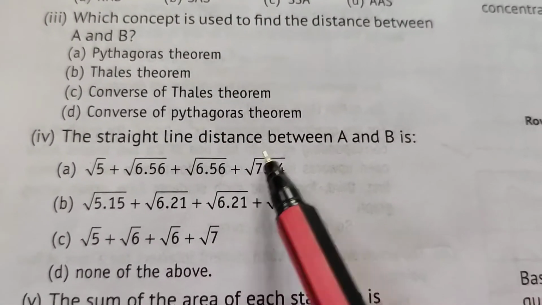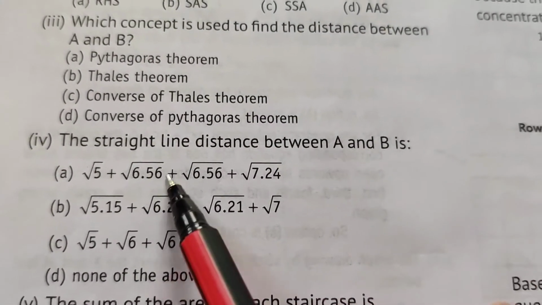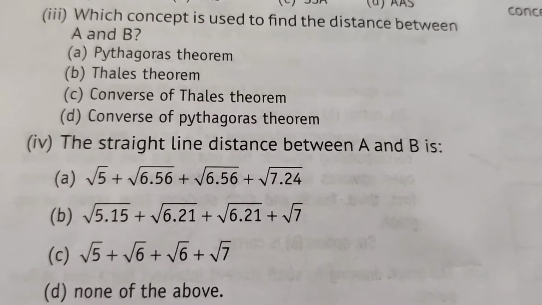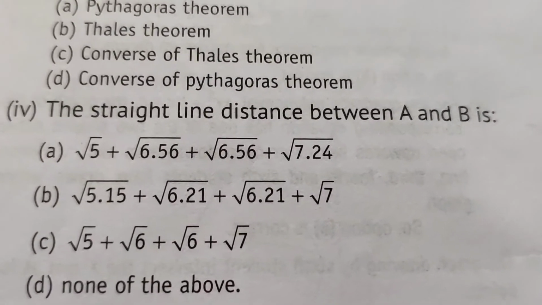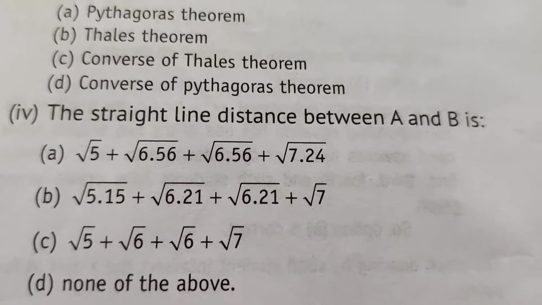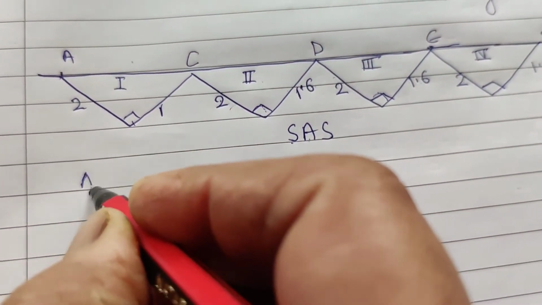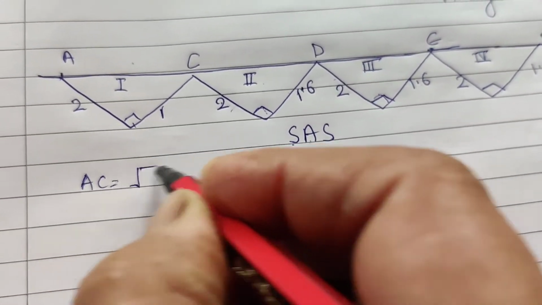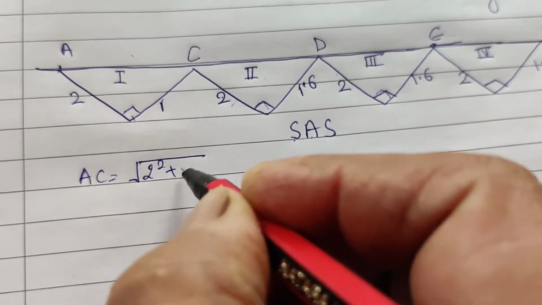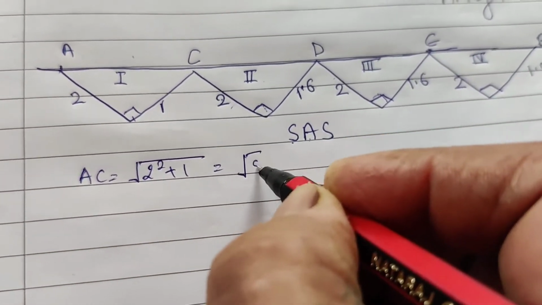The straight line distance between A and B is... These are the options. Now you can find the distance between A and B. First, AC is equal to under root 2 square plus 1 square, it means root 5.